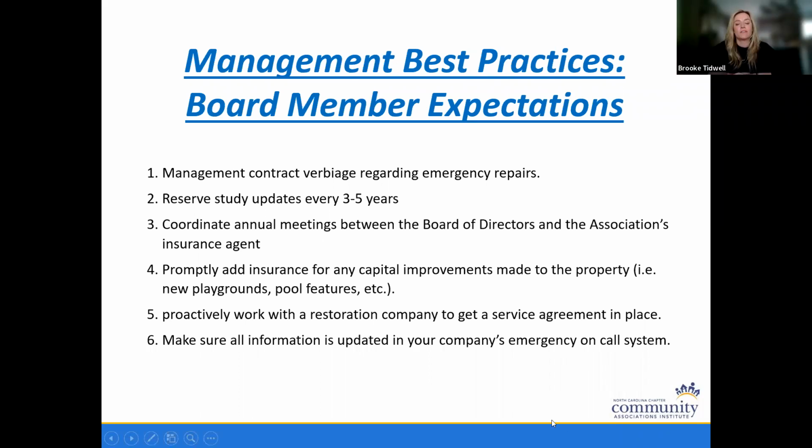One of my favorite things about my job is that I've got some really great resources, but I don't have to be the end all be all in terms of being an insurance or legal expert. Where a professional management company really comes in handy is as the cohesive part that brings it all together and coordinates with the board of directors and the different industry professionals to get your end result.